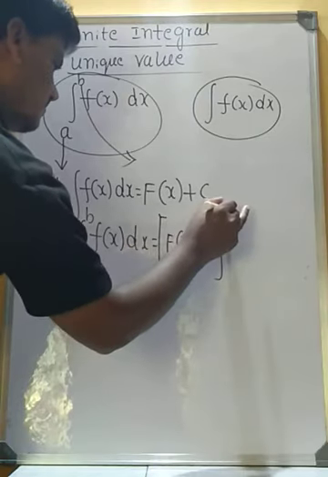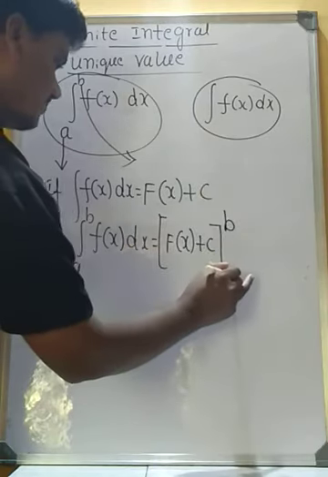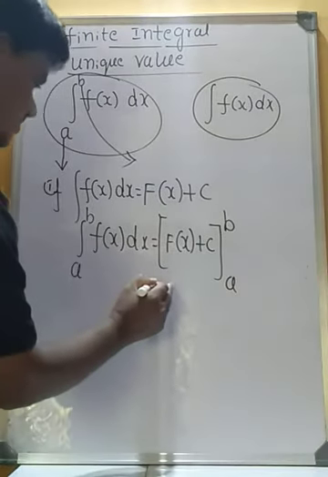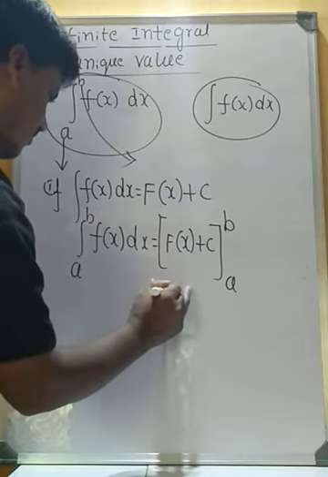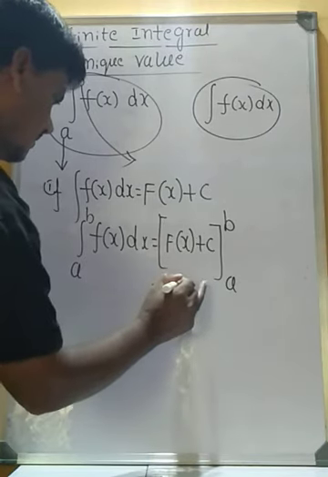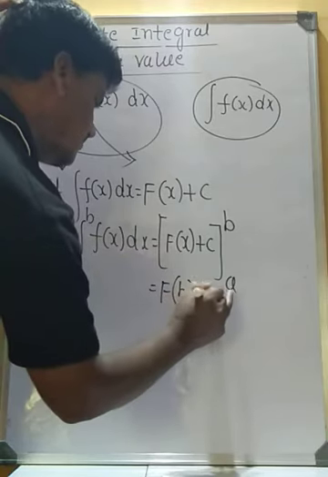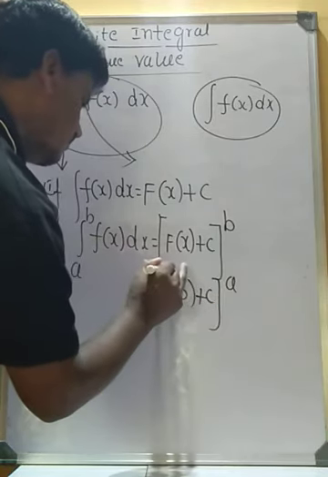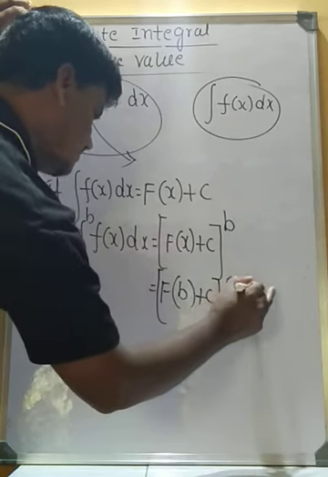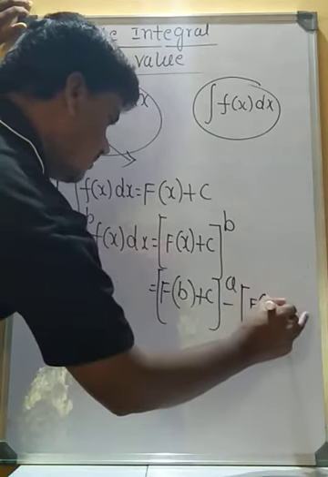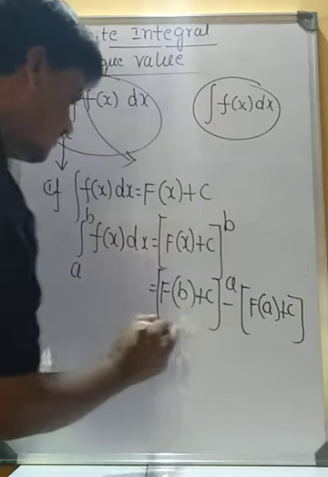The upper limit is b, the lower limit is a. So substitute in place of x: first the upper limit, x is b, F of b plus c, minus the lower limit, F of a plus c.